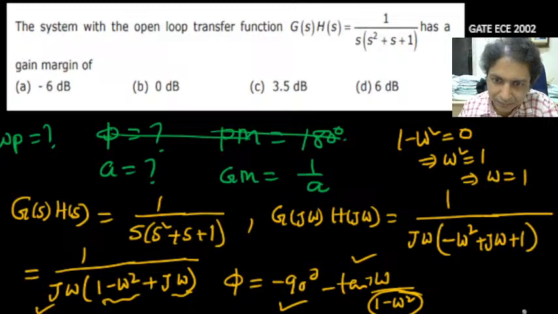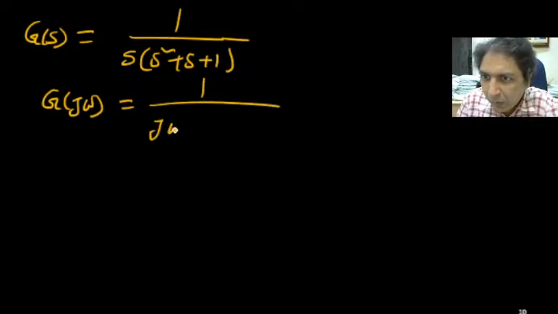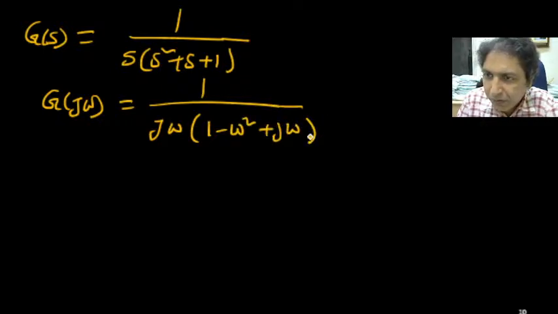So you can see that G(s) was given as 1 upon s into (s square plus s plus 1). And there we have got G(j omega) as 1 upon j omega, times 1 minus omega square plus j omega. So what is the magnitude?